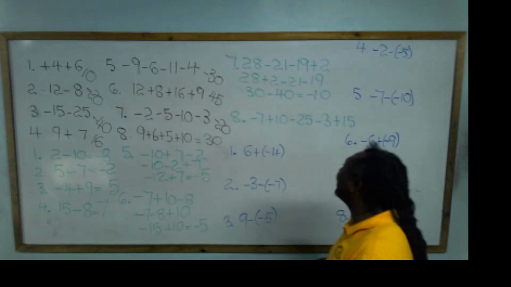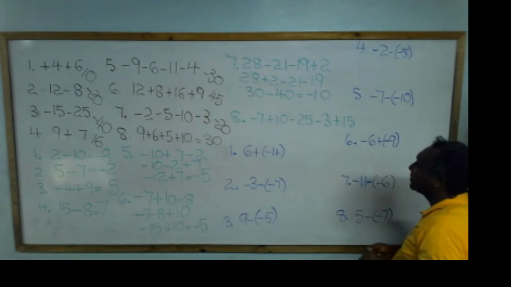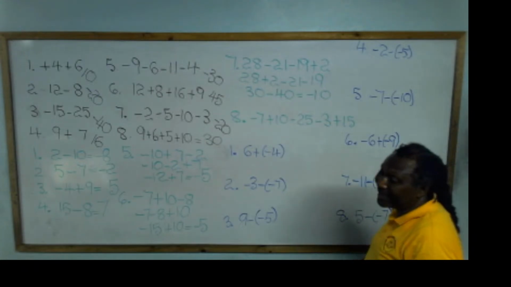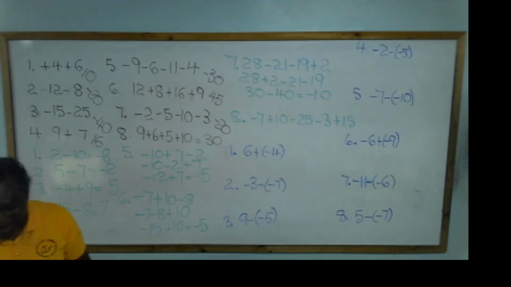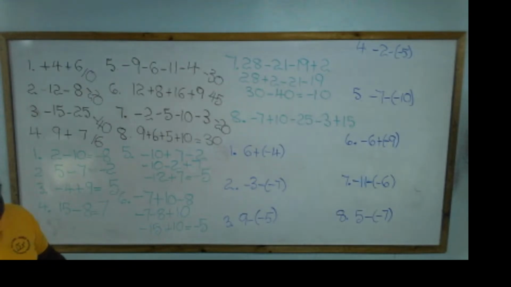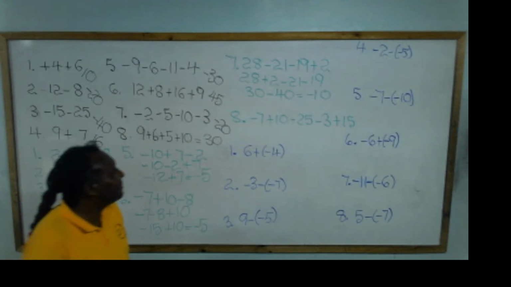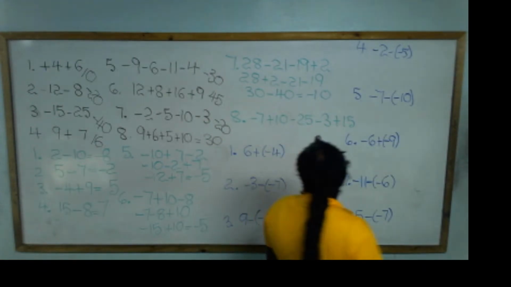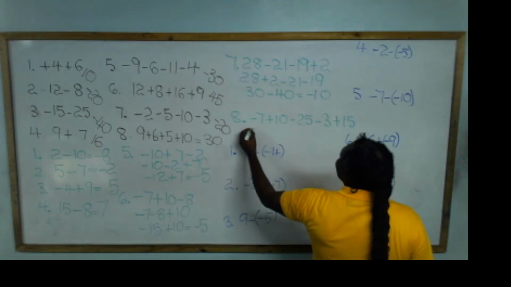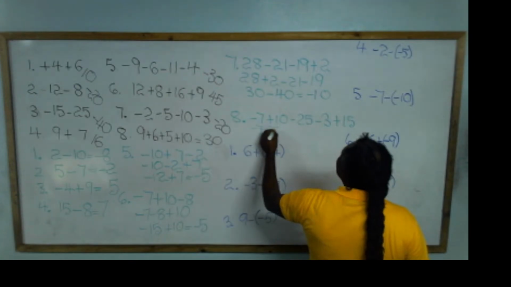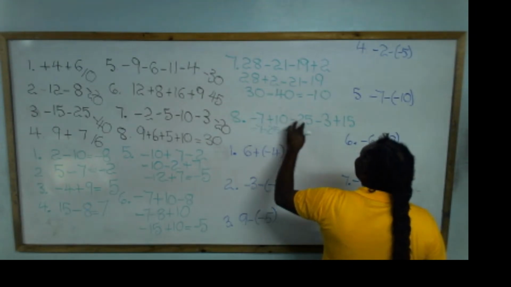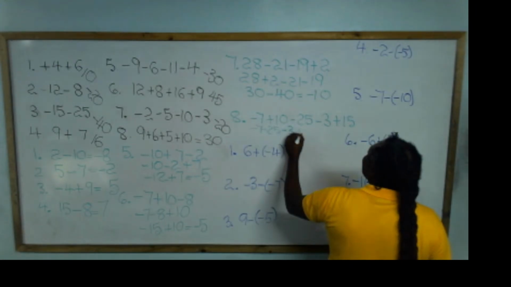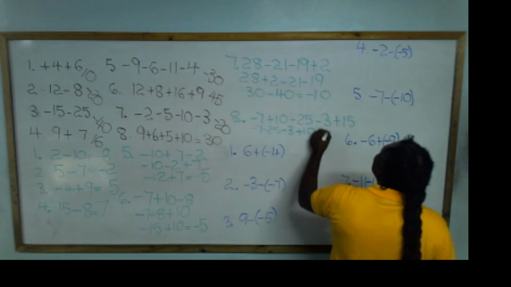So let us take a look at number 8. Well, I'm hoping that I wrote it right on the board, because it seems to have so many. A negative 7, a negative 10, a negative 25, a positive 3, and a positive 15. Nonetheless, I will do what? The negatives together: negative 7, negative 25, negative 3, then plus 10, plus 15.